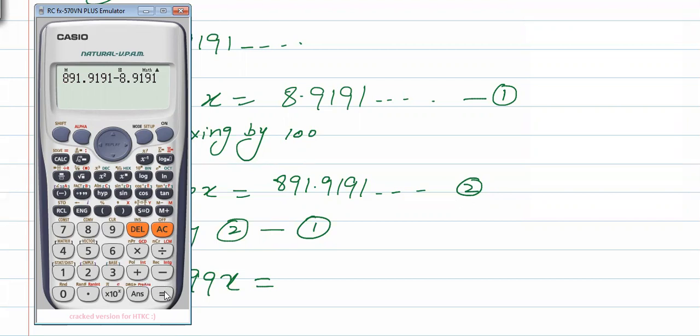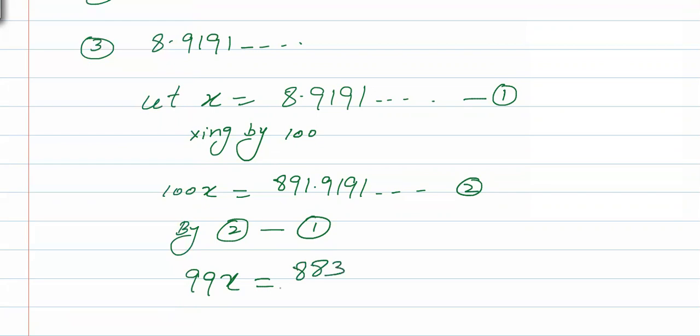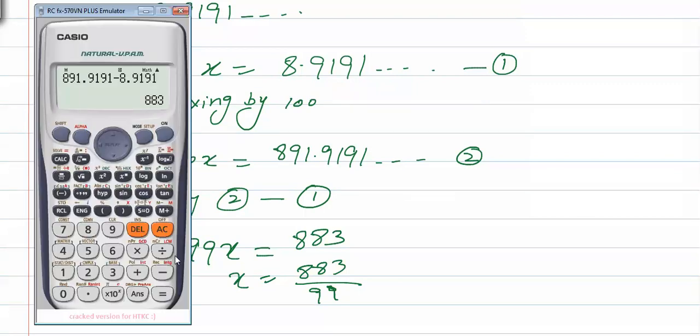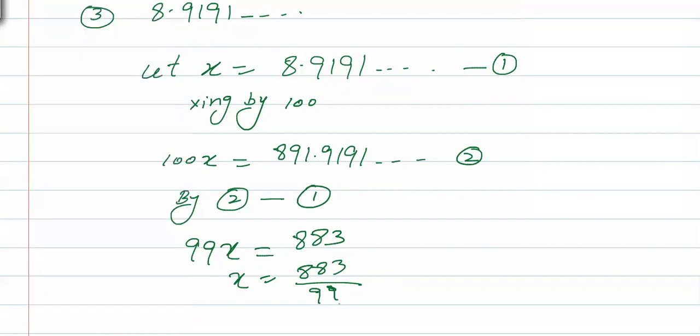Otherwise it becomes a little complicated and you might not get the exact answer. Okay, it's 883. Now take 99 to the other side: 883 over 99. Try to write it in the lowest form, and your calculator can do this for you. 883 over 99 is already in the lowest form, and check. Yes, it is. It means you did it with 100% accuracy.